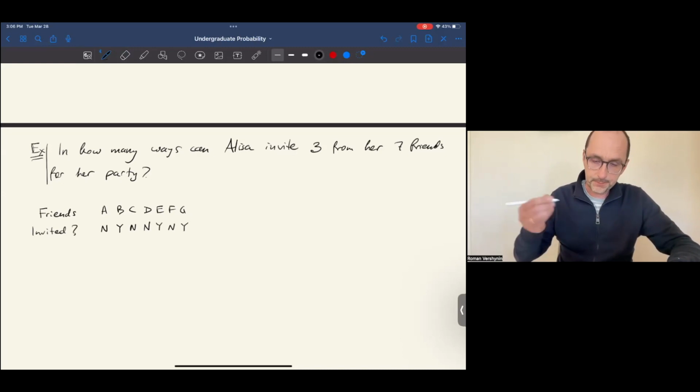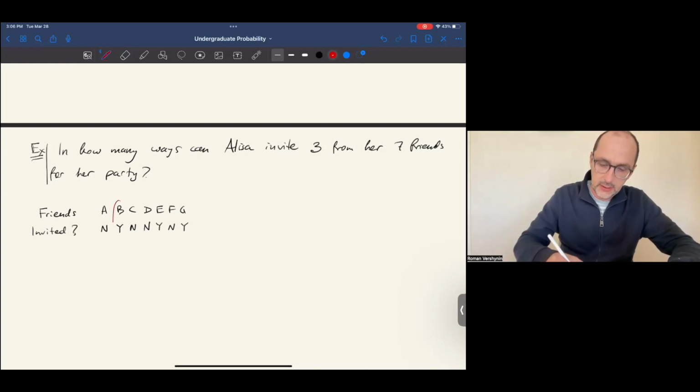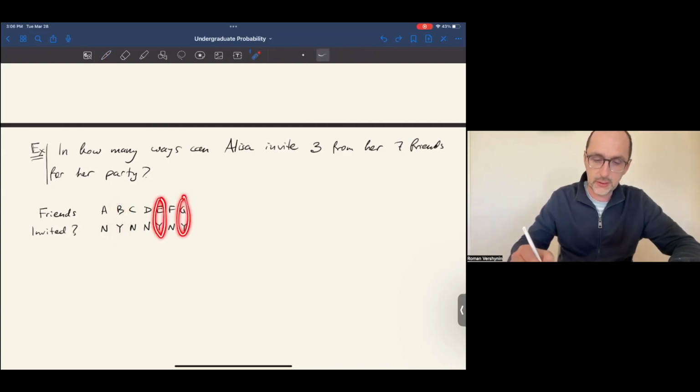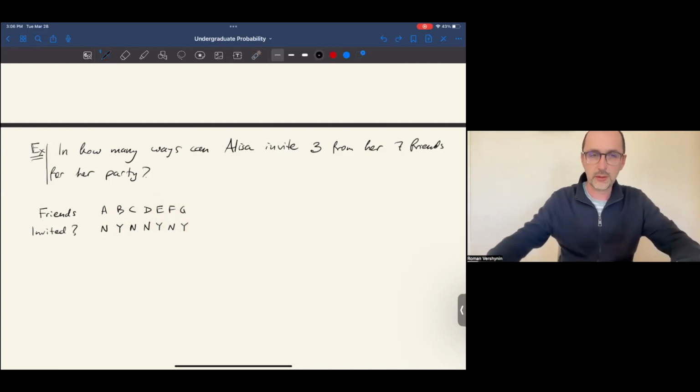In this way, Alisa invited her friends B, E, and G. She chose these 3 friends. Any invitation list Alisa can possibly make will look like that one.